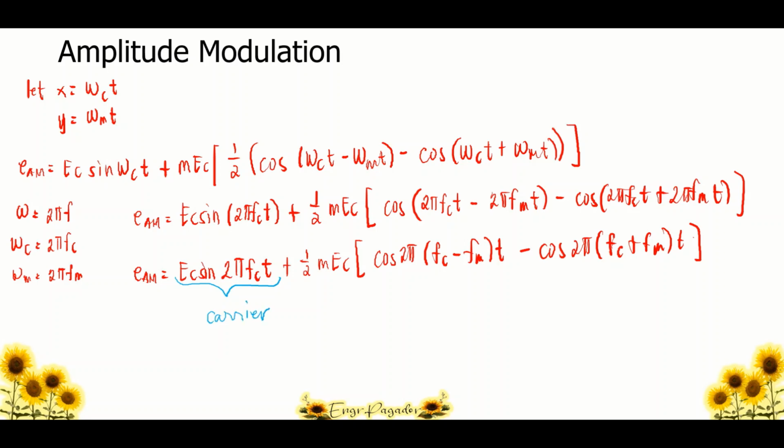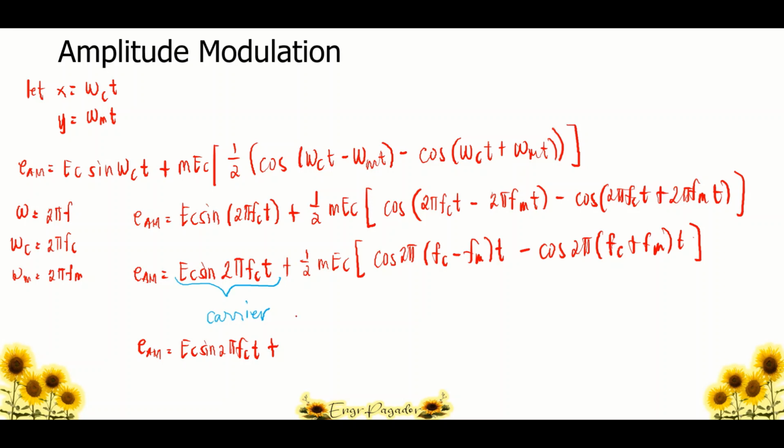The second part, if we are going to further simplify, okay? So, let us further simplify. So, si EAM will be equal to EC sine 2 pi F sub CT plus, eto, si 1 half MEC, i-distribute natin sa kanila.